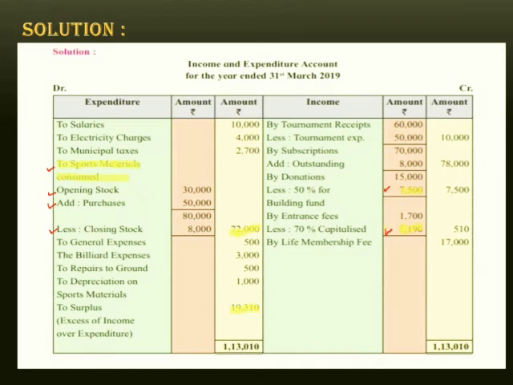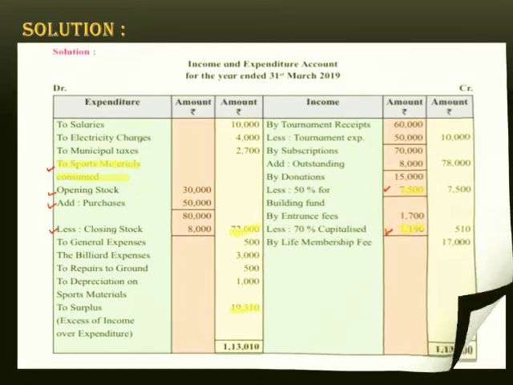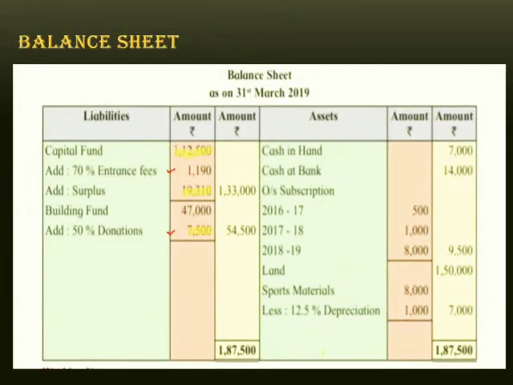So that 50% comes to 7,500, and this 7,500 we will write under the balance sheet liability side, building fund, add 50% donations. This 7,500 we will add under the building fund. Clear?